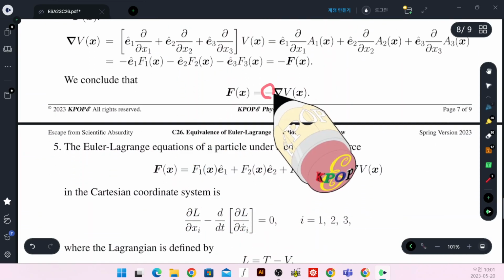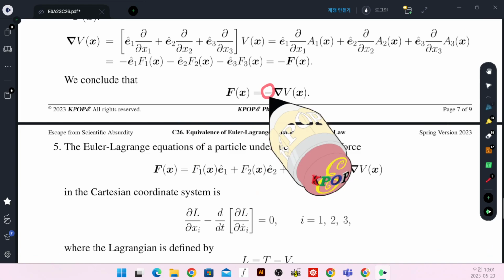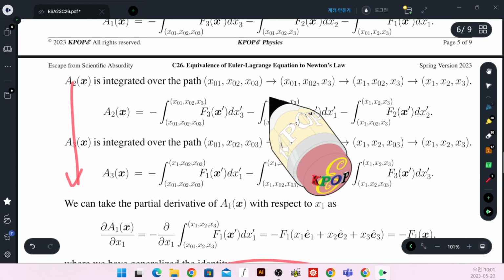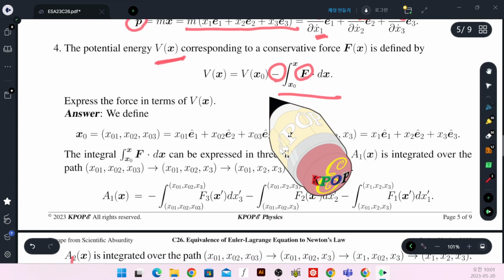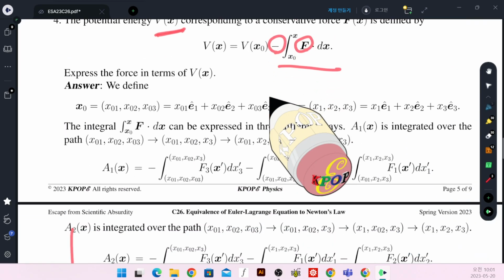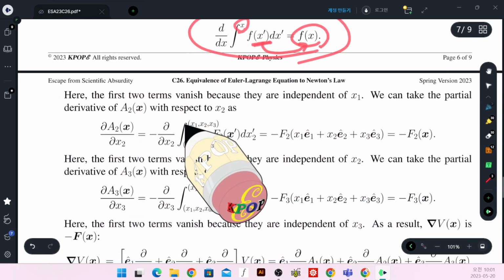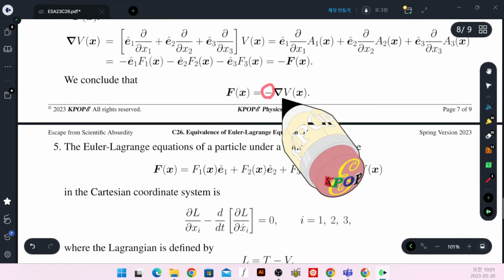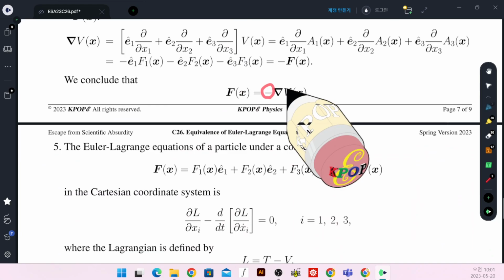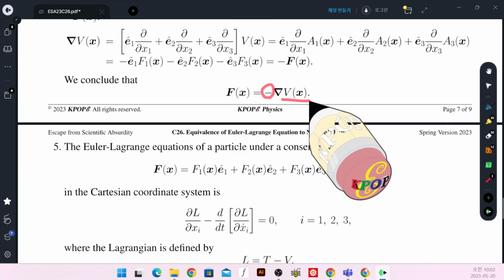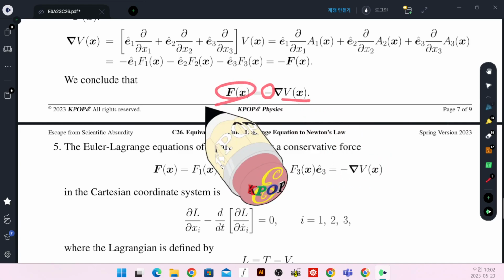The reason we have the negative sign is that the work-kinetic energy theorem states that conservation of energy is achieved by choosing the negative sign on the work done by the conservative force. So with this negative sign attached to the gradient operator applied to the potential energy, we can read off the conservative force.